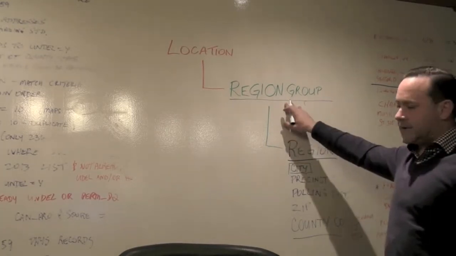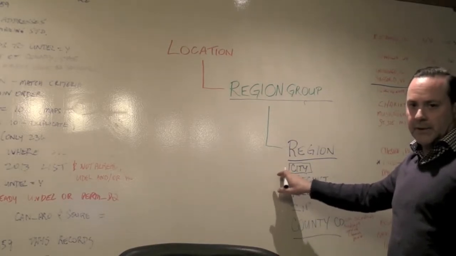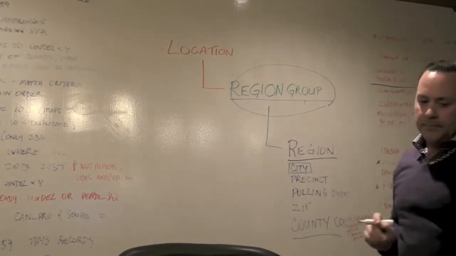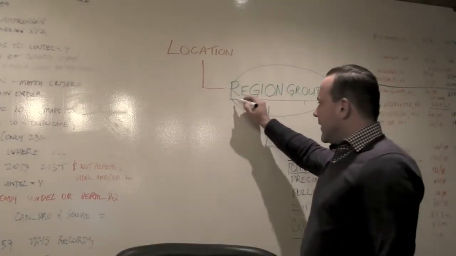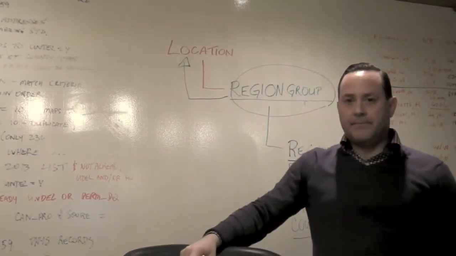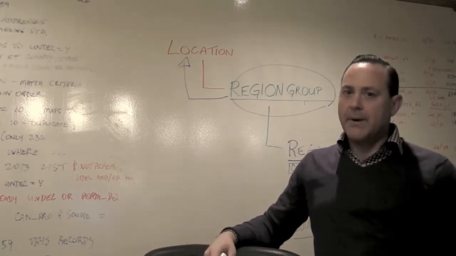This is a way of consolidating a number of records that have similar criteria into a higher order classification system. Region groups can then be assigned to a specific court location. That's the basis of it.